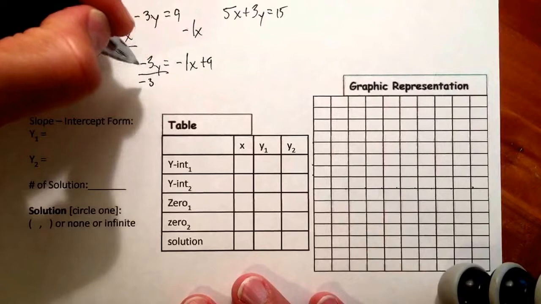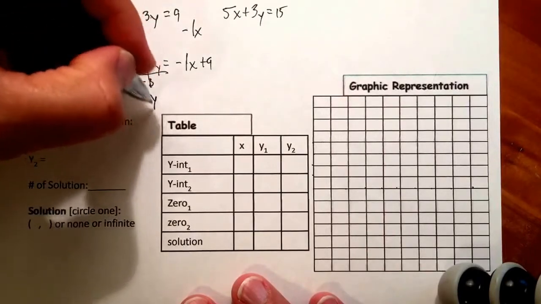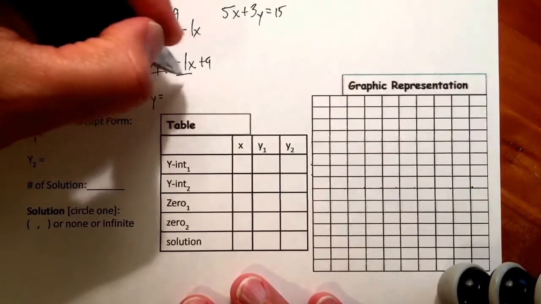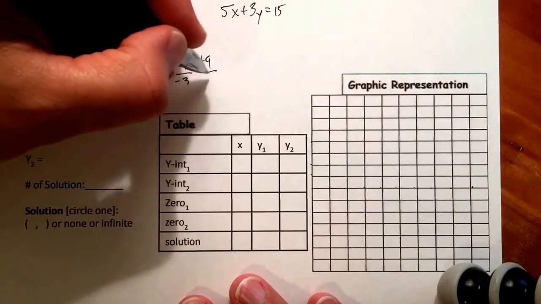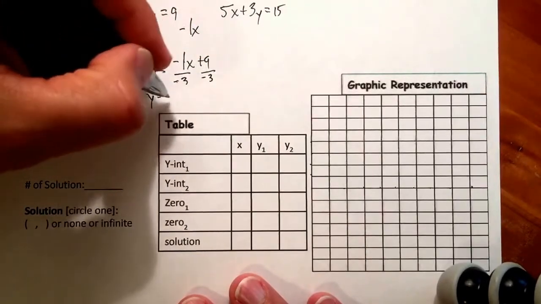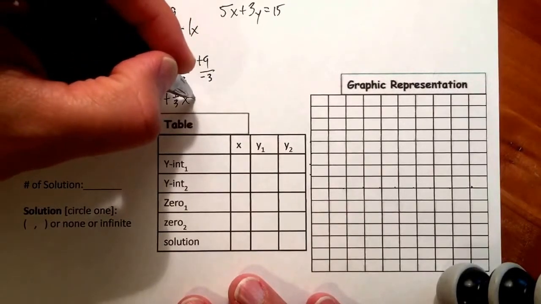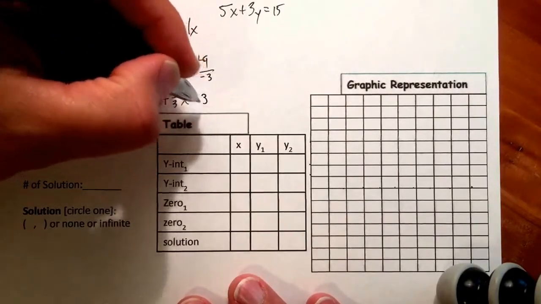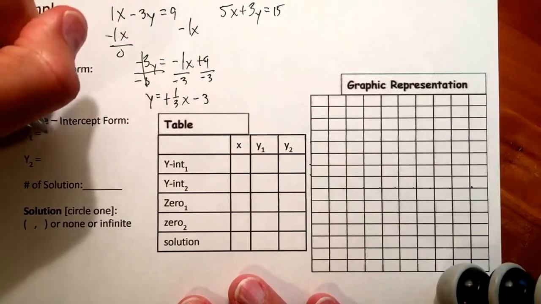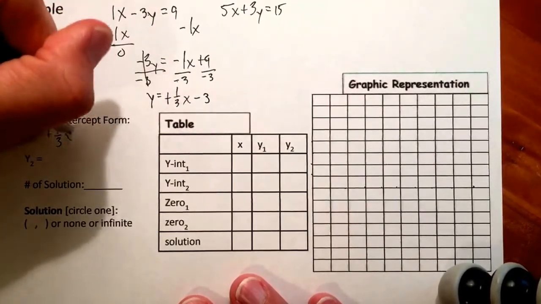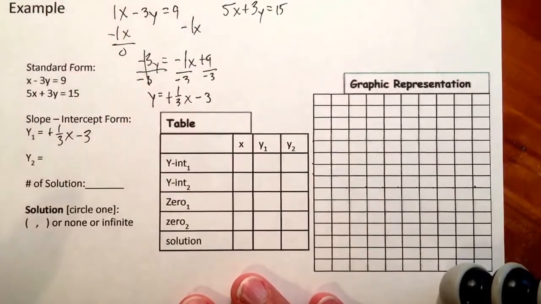We need to divide by negative 3 in order to get y by itself. Divide by negative 3, divide by negative 3. A negative and a negative is a positive 1/3 x. A negative and a positive is a negative. 9 divided by 3 is 3. So our first equation is 1/3 x minus 3.